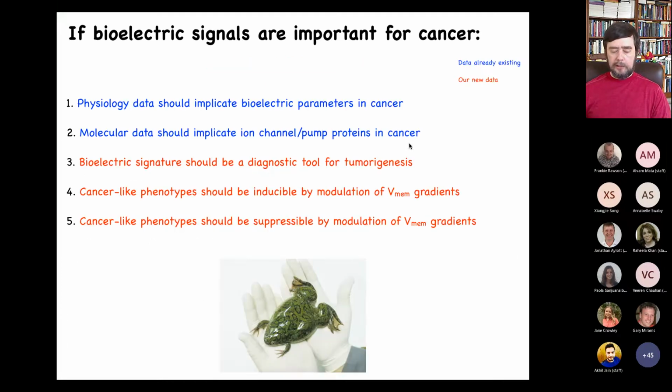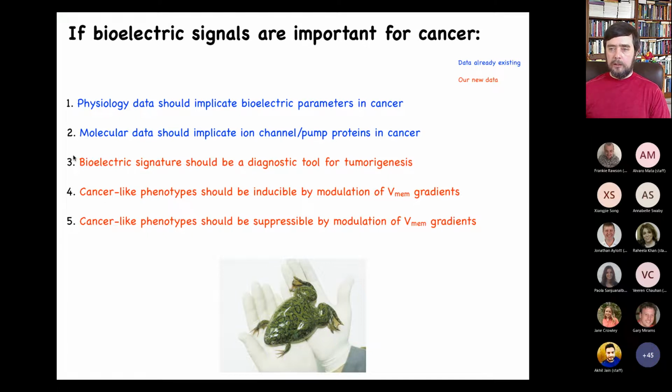And so there are basically 5 kind of main points that you might want to make if electrical signals were important for cancer. First of all, there should be physiology data that implicate bioelectric parameters, and there should also be data implicating ion channel and pump proteins in cancer.